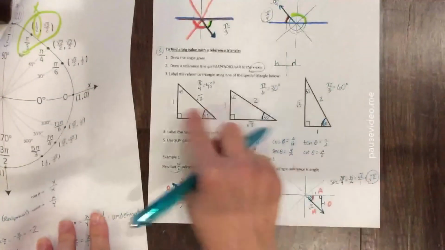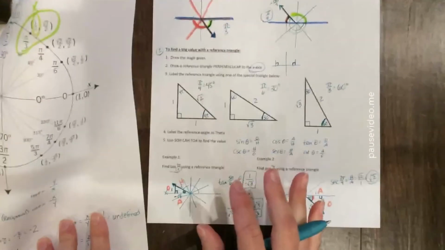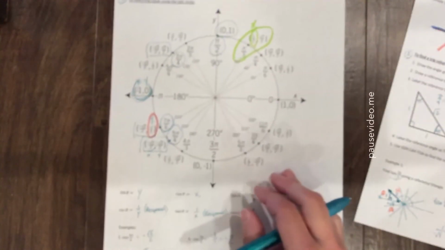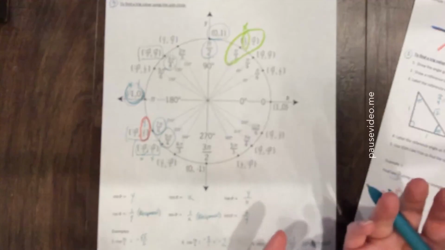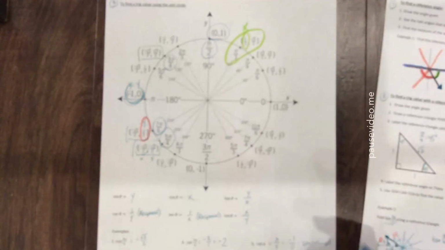When I do section 2, where I was drawing the little reference triangles, it is finding the same thing that this big unit circle finds. Some people may say, do I have to draw the triangles? And the answer is, if the directions say it, yes, you do. And guess what? I am going to make it say it.